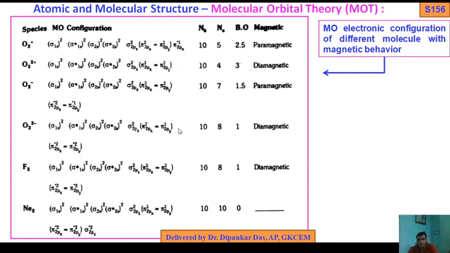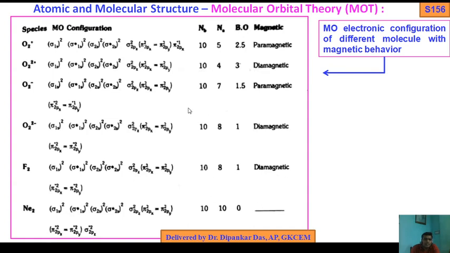So 10 minus 8, that is 2 by 2, that is 1. So O2 2 minus bond order is least, 1. It is diamagnetic. It has no unpaired electrons in the MO electronic configuration, so that's why it is diamagnetic in nature.